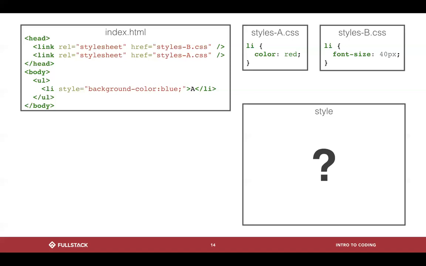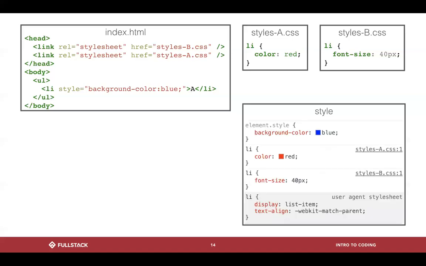Okay, so now we have two different rules for the same selector. What happens here is that B gets loaded in first, but then A gets loaded in after it, and it overwrites the rule. So now the style is going to be both. But if I were to write another font size in styles-a.css, right? If I were to say font size 30, then it would overwrite styles-b.